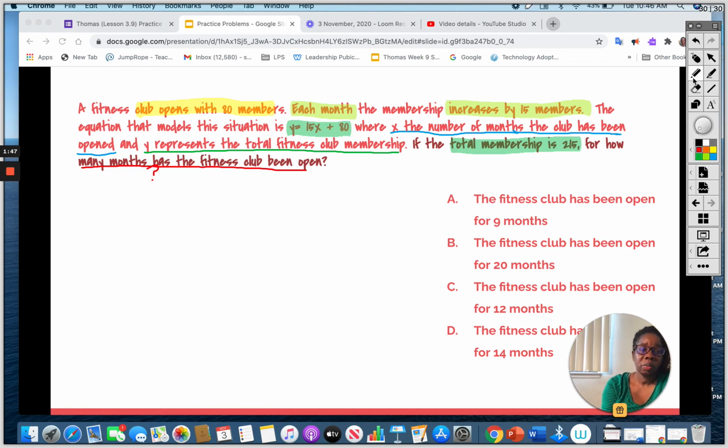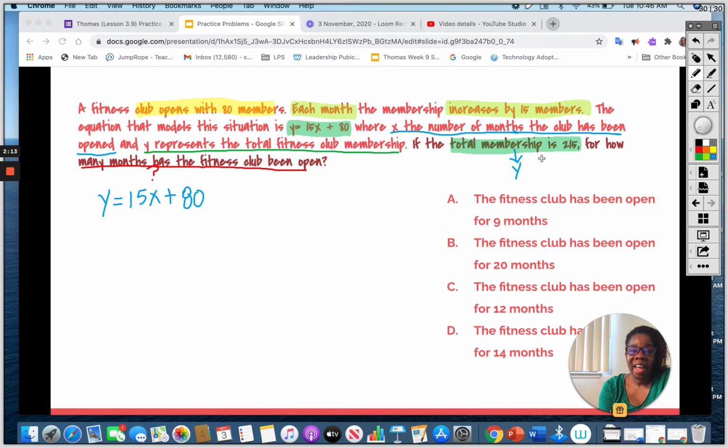Now, generally when we start these kinds of equations, I always start out with the original equation, which is y is equal to 15x plus 80. They told us that the total membership is 215, and I also know that total membership is y, so this is going to replace the y in my equation.